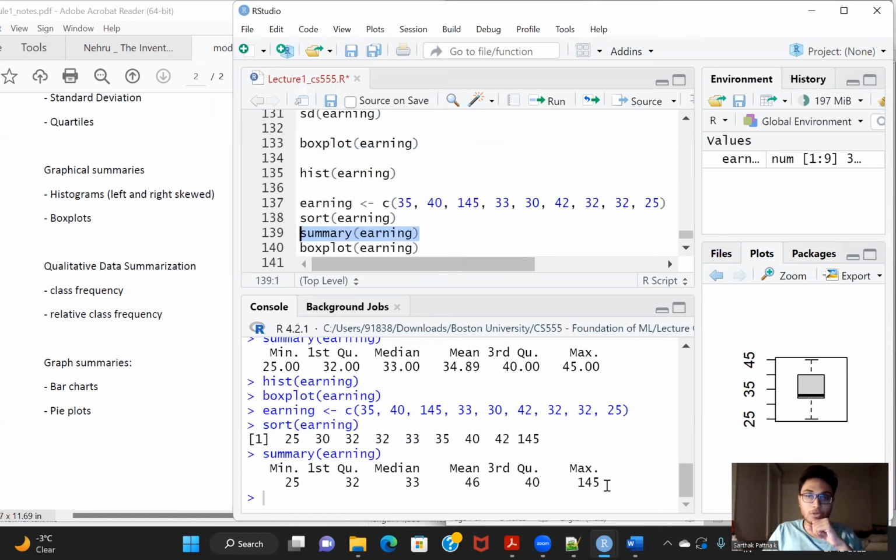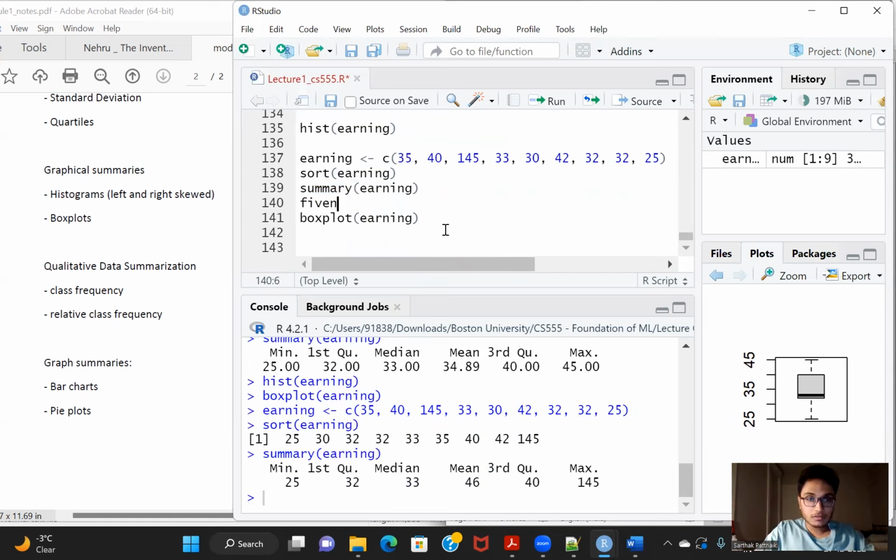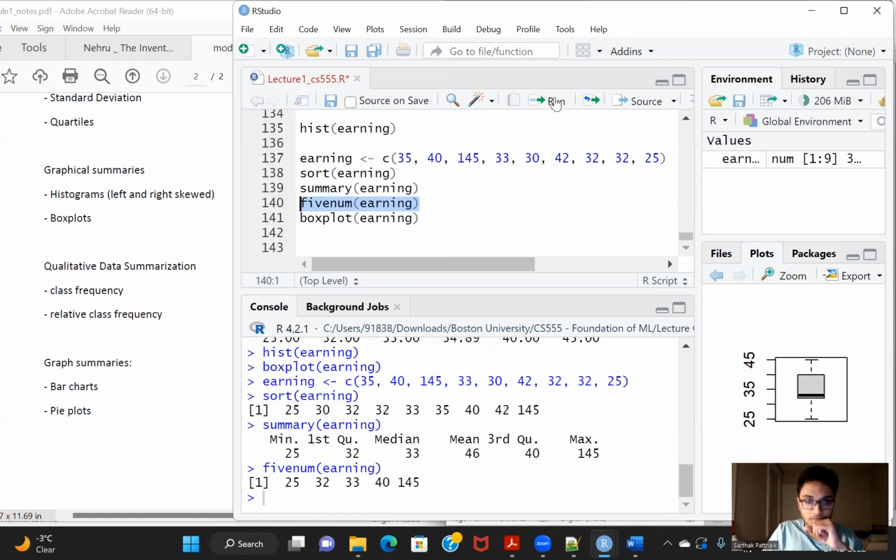You will get the max value as 145. You do a fivenum of earnings. And again, you will get the same value. By the way, my bad. All this while I have been saying this variable name as earring, no matter what. It's earnings. My bad, guys. Sorry.